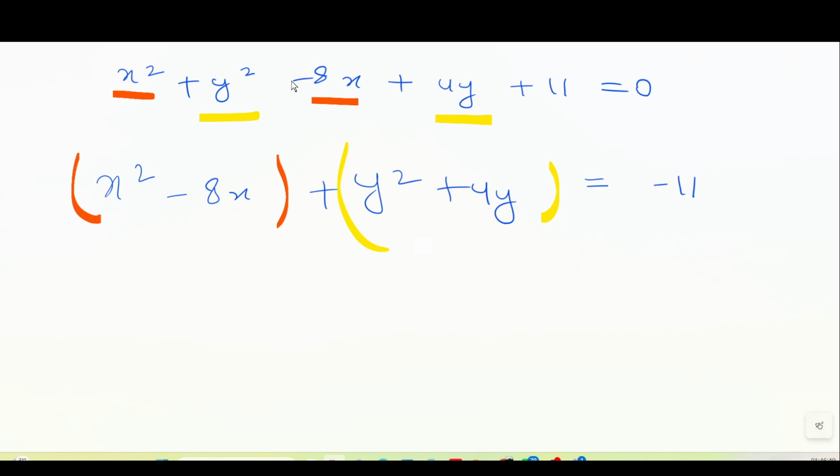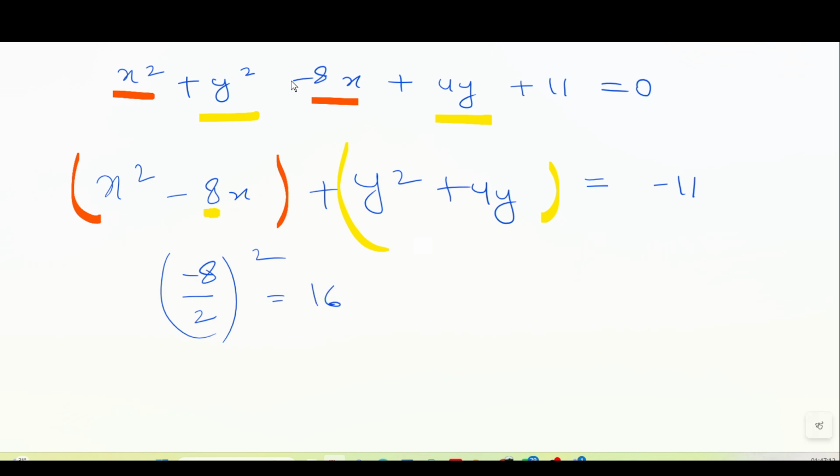Now what you need to do to convert it into whole square form: this is your b, whatever the coefficient of x is, take that and divide it by 2 and square it. So we have negative 8, if we divide it by 2 and square it, we get 16.